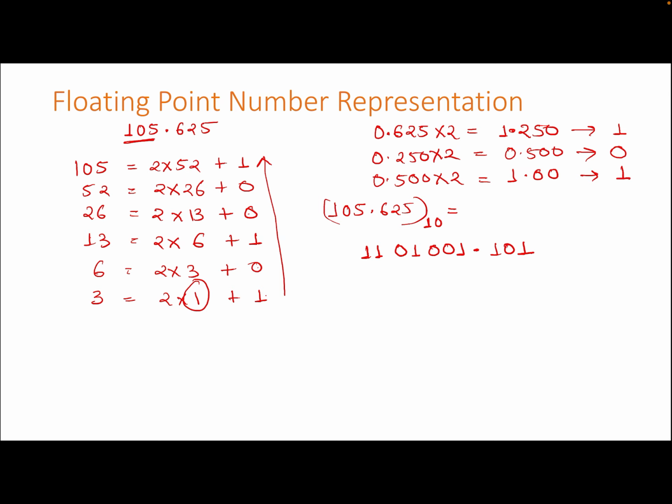Now I will write this number in a normalized form, in which the first digit should be 1 and all other digits come after the point, meaning I will shift this decimal point here. Okay, so this is my normalized form. So how many places do I have to shift? 1 2 3 4 5 6.